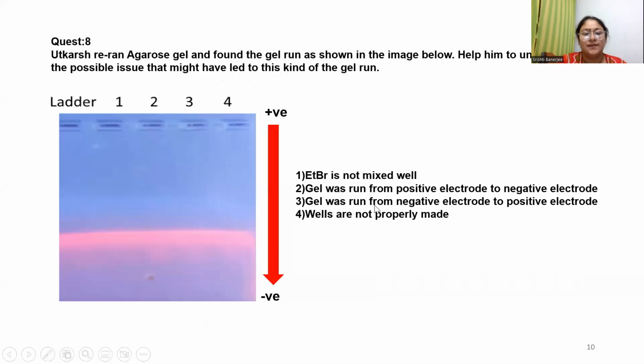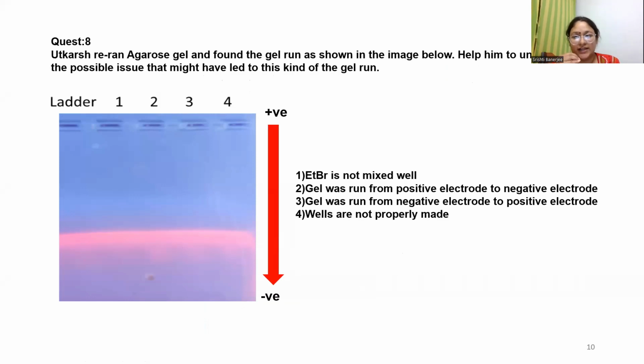As a result, if it goes out of the well, you will not see any DNA, but you still see a straight line here. So why is this line coming? Because we have stained the gel with ETBR and ETBR is positively charged.